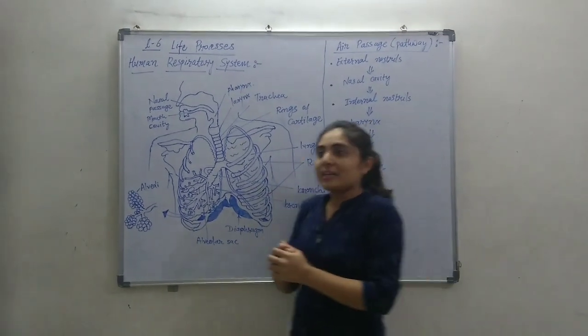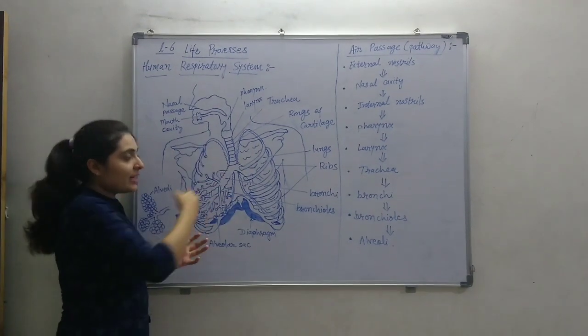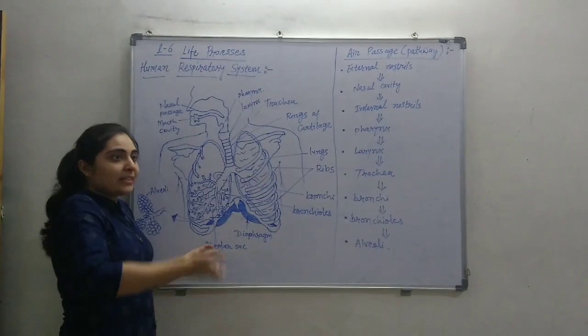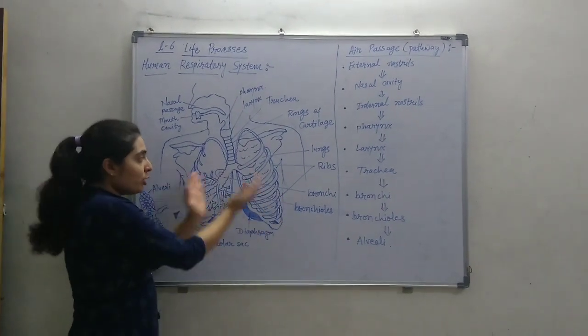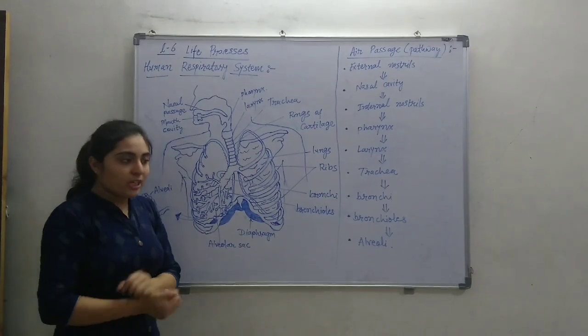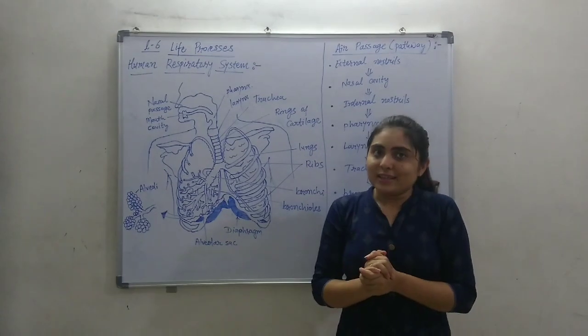So the volume inside increases, and air is taken inside. As the diaphragm moves upward, the volume decreases, and the air is thrown outside the body. So this is simply the breathing mechanism, inhalation and exhalation.